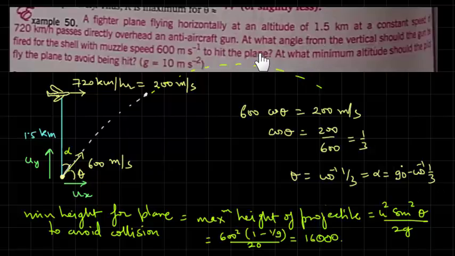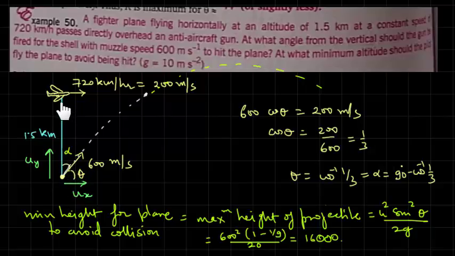Now at what minimum altitude should the pilot fly the plane to avoid being hit? So the pilot is flying somewhere above the gun at t equal to 0, and we need to find at what height the plane should be in order to avoid getting hit by the gun. One thing is constant, that is the angle alpha.